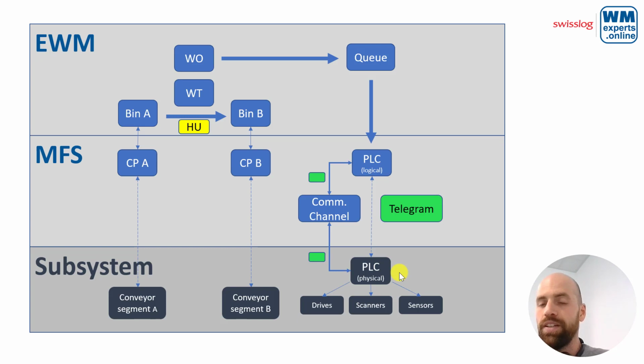So the communication channel is the next important object that I would like to highlight here for the integration, because the communication channel tells EWM how it can reach the physical PLC.